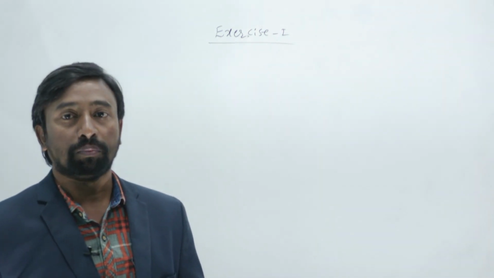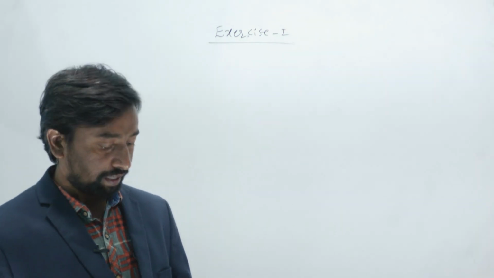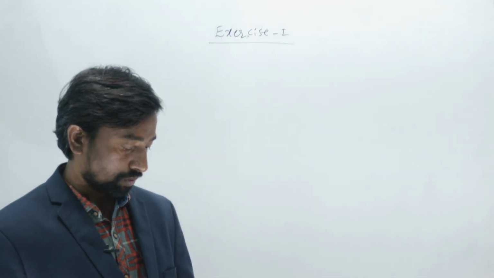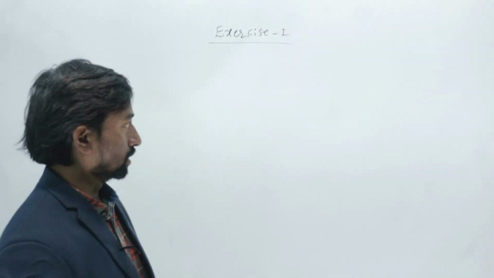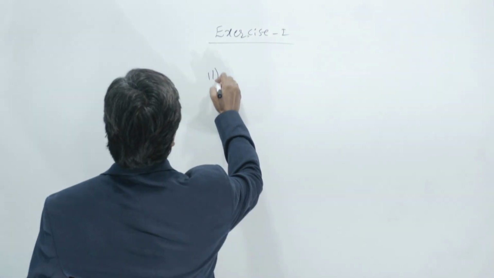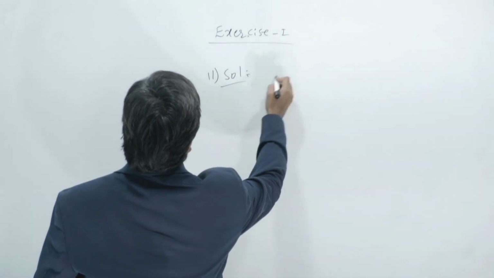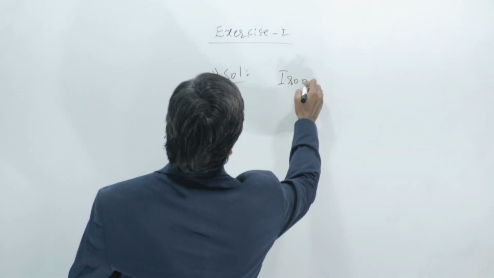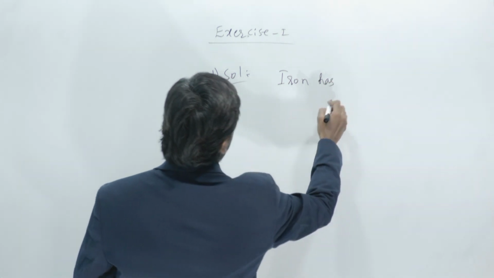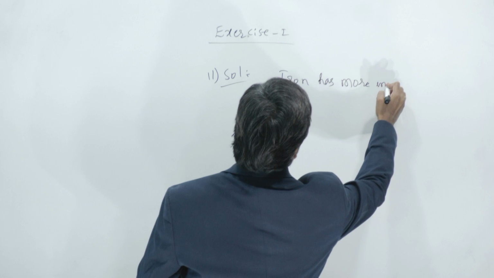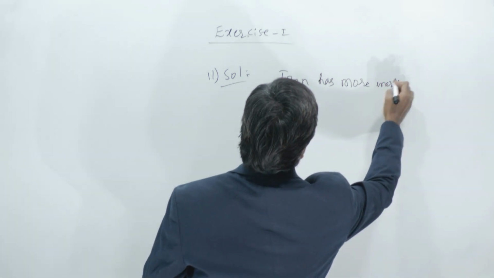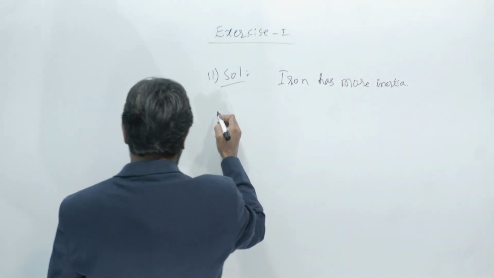The iron sphere has more inertia. So the answer to the 11th one is: iron has more inertia.